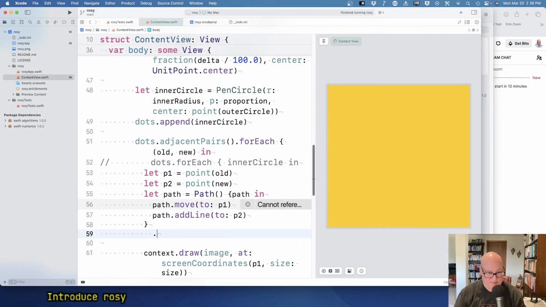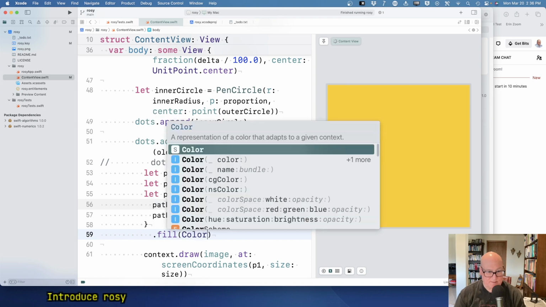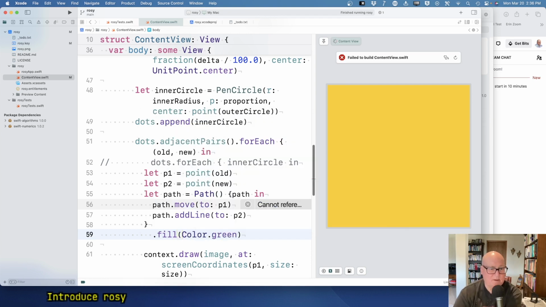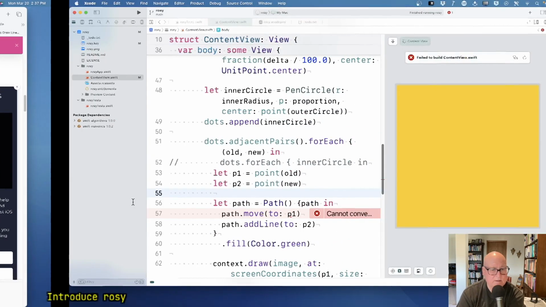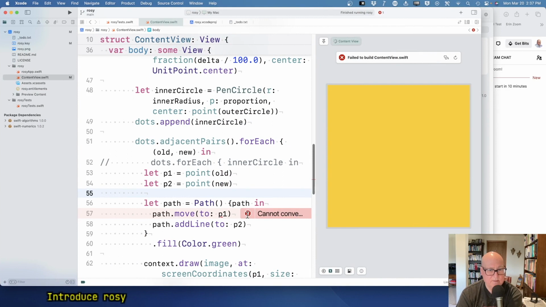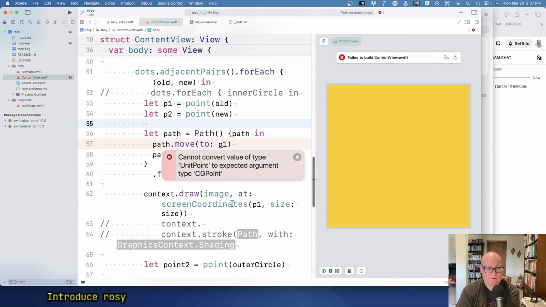And I don't know if this is required, but path in and fill. Oh, that's actually doing the, I don't know if we need that fill. Cannot convert unit point to CG point.